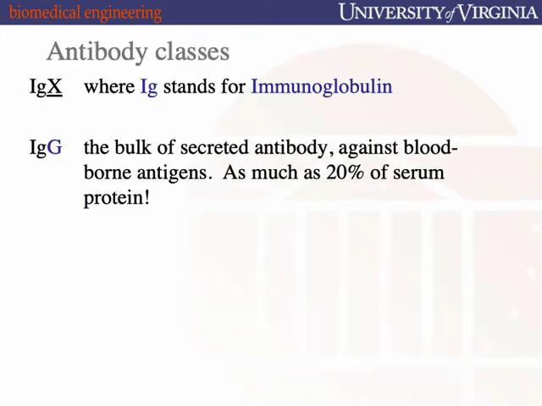All right. So if we talk now about antibody classes, remember, antibodies are immunoreceptors. They are receptors. It's sometimes hard to get our minds around this because we think of them as soluble proteins that are simply binding epitopes on antigens.